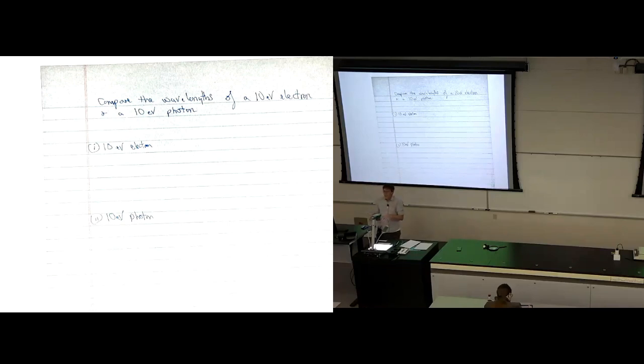One's completely non-relativistic, the electron. One's totally relativistic, the photon. And so we're going to use different equations for the kinematics. To calculate the wavelengths, I want to find the momenta of these two particles, and I'm going to use different equations for the relationship between the momentum and the energy because one's relativistic and one's non-relativistic. Okay.